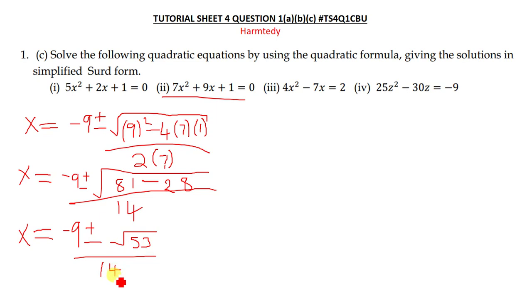So I think this one cannot be simplified further, unless we have maybe a perfect square which can go into 53. But if you don't have, then this is where we can end. So the value of x is just negative 9 plus or minus the root of 53 over 14.